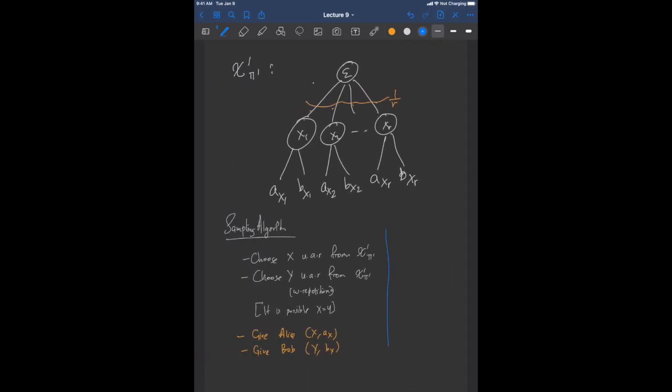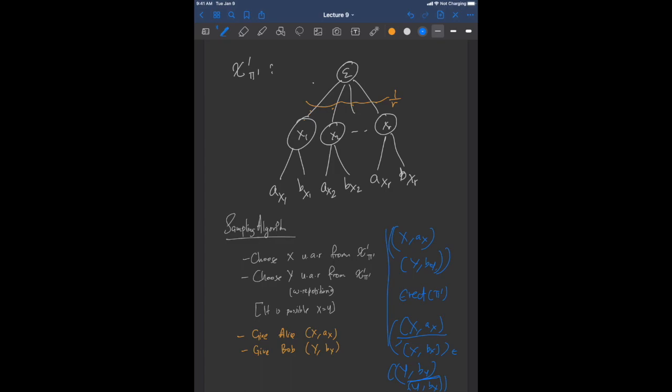So the first thing is easy to say: xax comma yby, this input, is in the rectangle of pi dash. Why so? Because x comma ax is in the rectangle, and so is y comma by, and the rectangle property says that you can take this one and this one and you'll get an input that is in the rectangle.